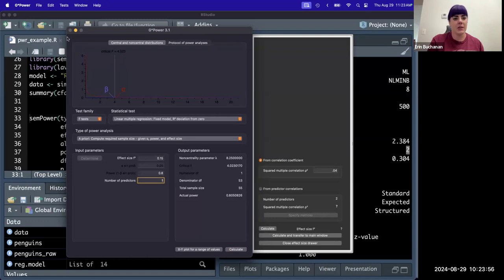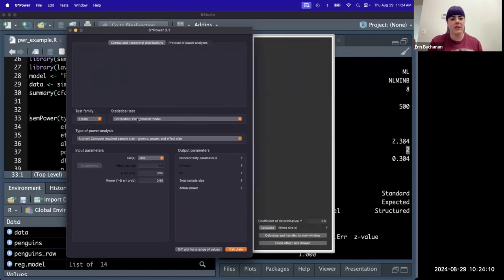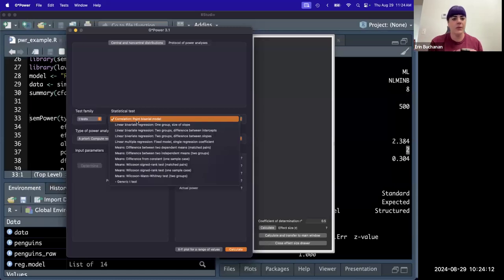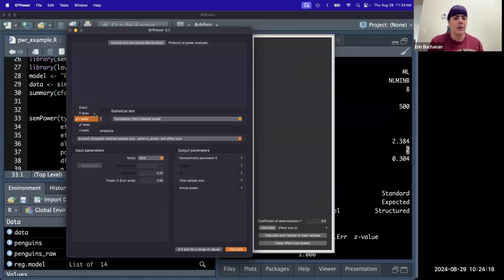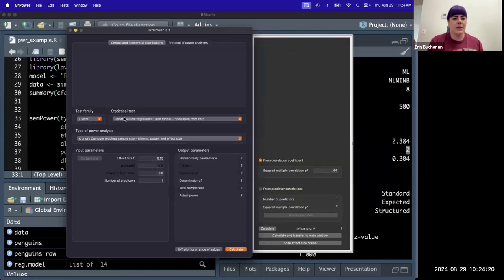It has a bunch of different tests. I recommend probably either t-tests or f-tests for the types of things that you might propose. Mostly f-tests, but if you end up having a t-test, you could do that as well. So I'm going to do f-tests.